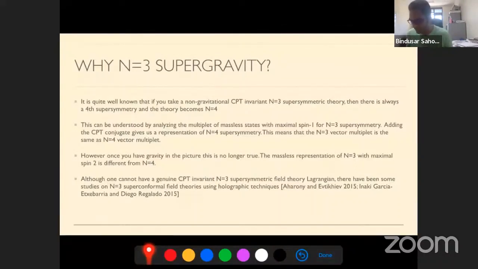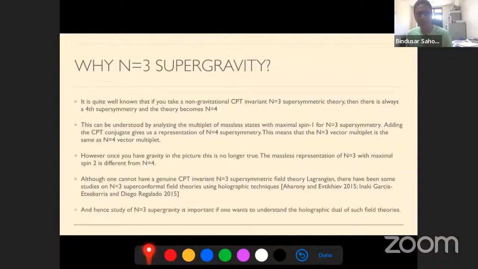And in a paper in 2015, they explicitly constructed an N equal to 3 superconformal field theory, which also satisfied all the properties discussed in Aharony's paper. As expected, these do not have a Lagrangian, so these are non-Lagrangian theories.